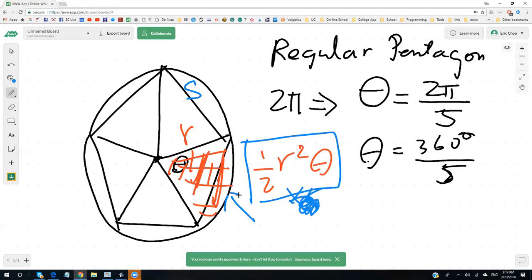Wait, is the side of the circle or the pentagon? The side of the sector of the circle. Oh, 1/2 r times s. But I don't have r. Now I have s.